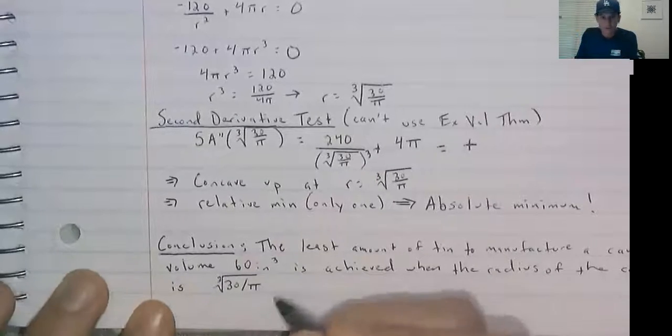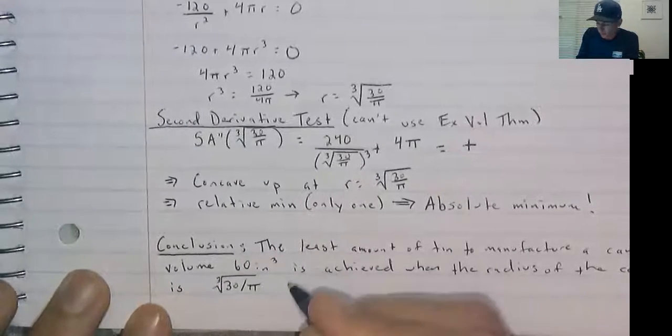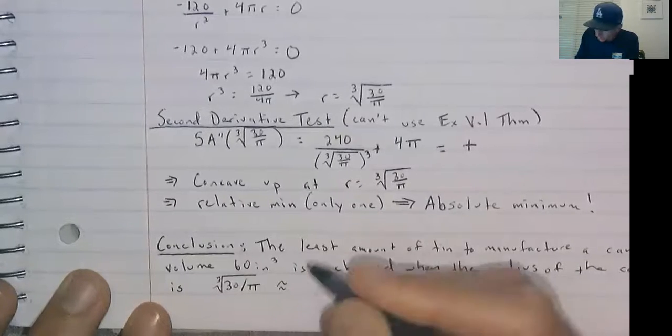And maybe that's not a very useful number for your manager, so you'd say, oh, which is approximately equal to like 2.12.